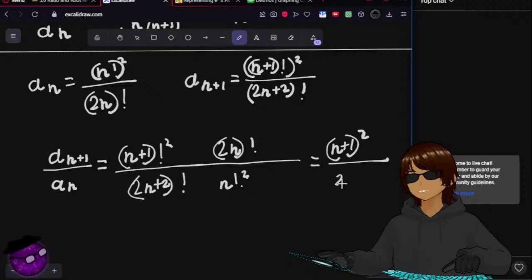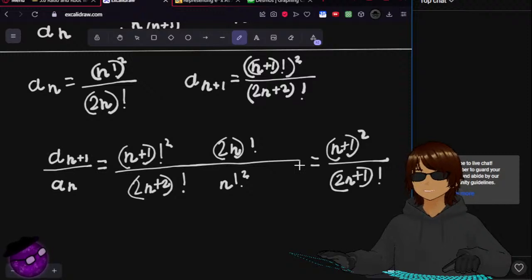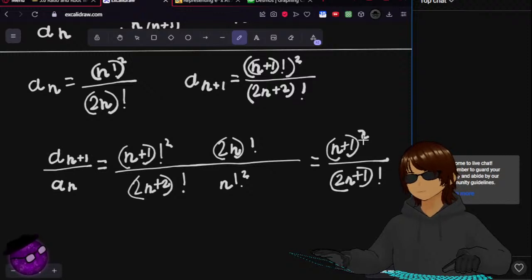And this would become 2n plus 1 factorial. As the limit goes to infinity, this would increase faster than this, right? This factorial increases faster than square.